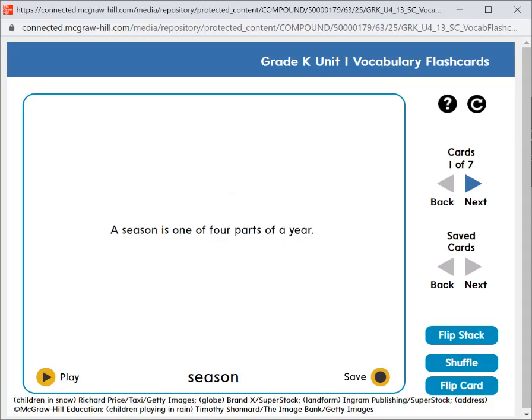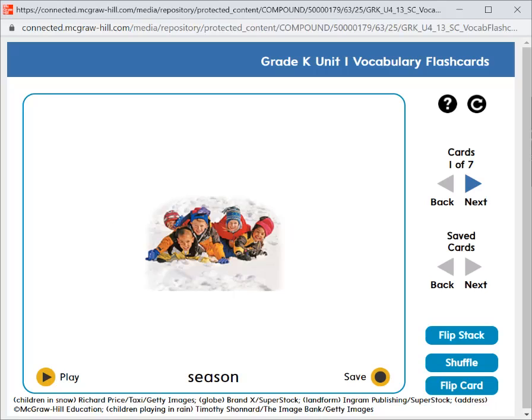We have 4 seasons. We have winter, spring, summer, and fall. So it looks like the season these kids are playing in the snow is winter. So a season is a time of the year, and there are 4 different seasons in one year.